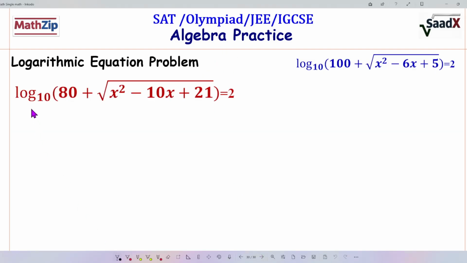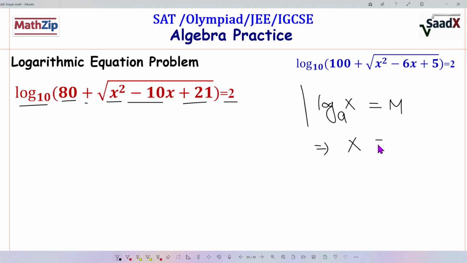Let's start. Here is log base 10 of (80 plus root over x square minus 10x plus 21) equals 2. Similar to log base a of x equals m, we know in this case x equals a to the power m. So here x is 80 plus root over x square minus 10x plus 21 equals a to the power m.